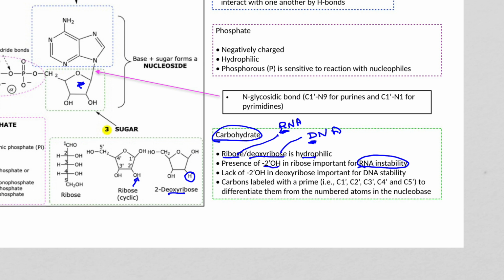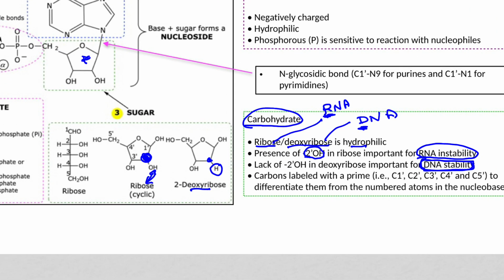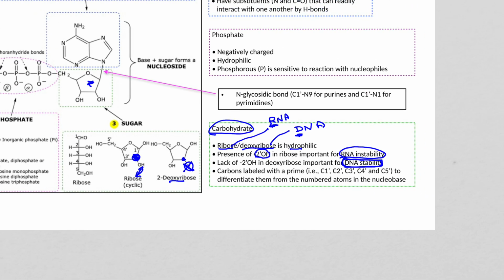So the presence of this 2-OH group here at position number 2 makes RNA very unstable. On the other hand, DNA is permanent information. We don't want DNA to be unstable. We want it to be very stable. So the absence of this oxygen here will allow DNA to be very stable, and we'll look at this under nucleic acids.